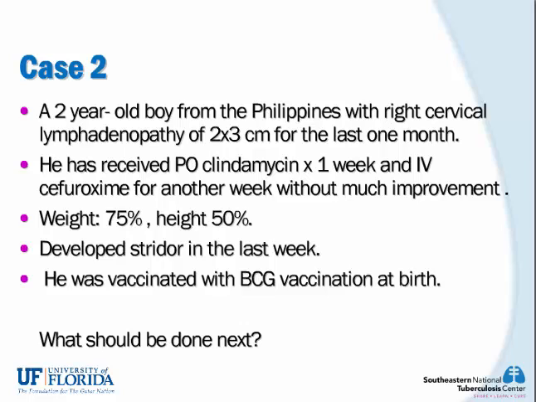He is thriving well. As you can see, his weight and height are within appropriate centiles. And 1 week before presentation, he developed stridor. This boy was vaccinated with BCG when he was in the Philippines at birth. Again, the question is, what should be done next for this child?